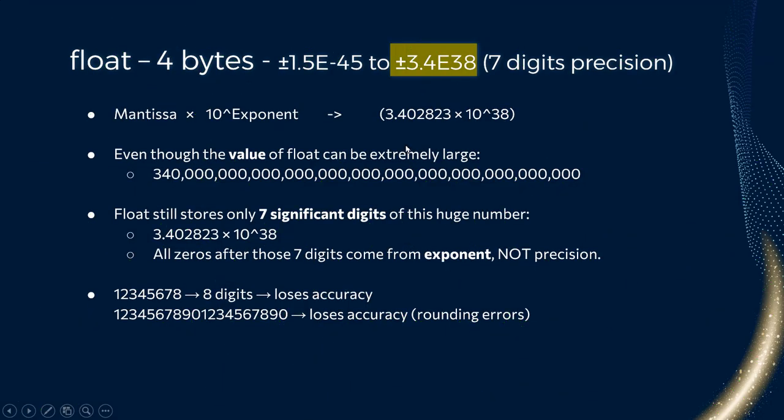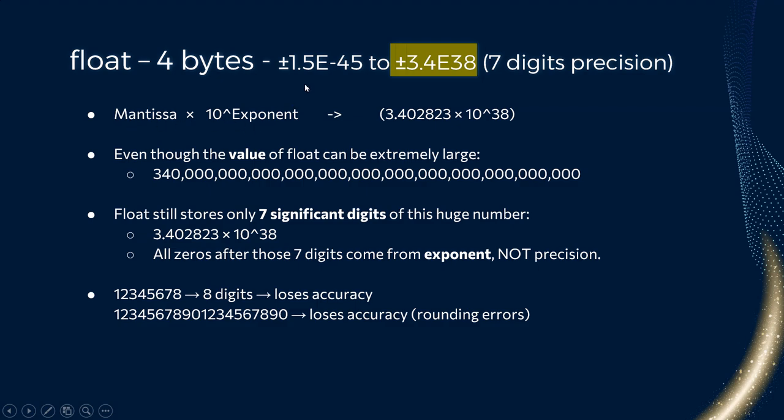Now moving to the next one, let's try to understand what exactly the meaning of this range is. We have float, 4 bytes, and the range is plus minus 1.5 e to the power minus 45 to plus minus 3.4 e to the power 38, and 7 digit precision. Here there are two things: mantissa into 10 to the power exponent.